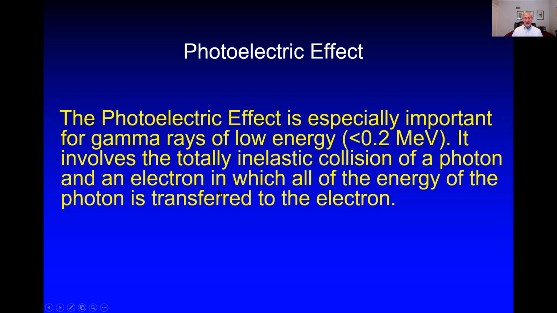That is a totally inelastic collision. If it transferred only part of it, like in the Compton effect, then we would say that that is a partially elastic collision. And in the rare case where a photon hits something, bounces off, and loses no energy at all, that would be a totally elastic collision. One example of an inelastic collision might be the following.